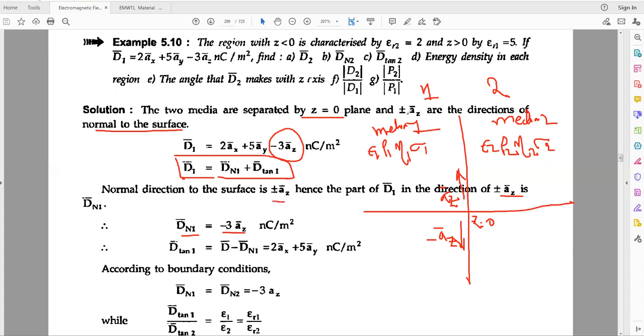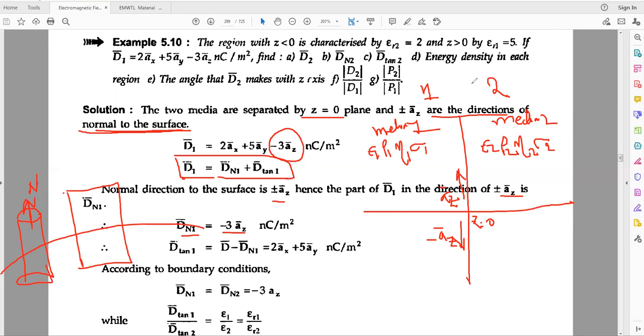Plus or minus AZ bar are the directions normal to the surface. Actually, the boundary is like this. You can take a rectangle to find the tangential component, and a cylinder to find the normal component.